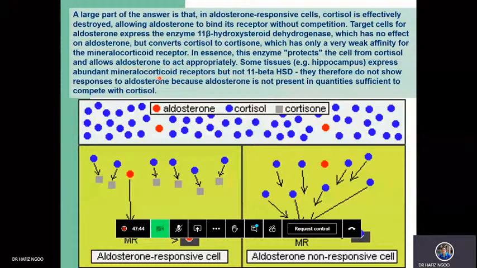That means when aldosterone binds to the receptor, it dissociates less compared to cortisol, so cortisol tends to dissociate faster. These are the 3 reasons why, even though you have a high concentration of cortisol in the plasma, the low level of aldosterone still manages to get to its receptors.